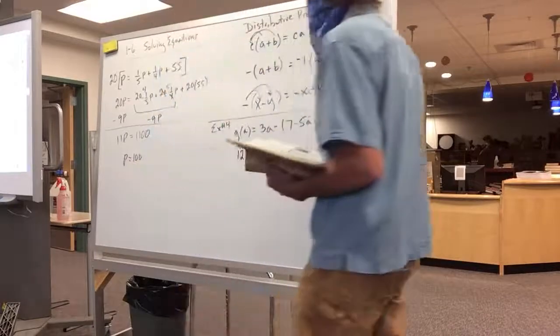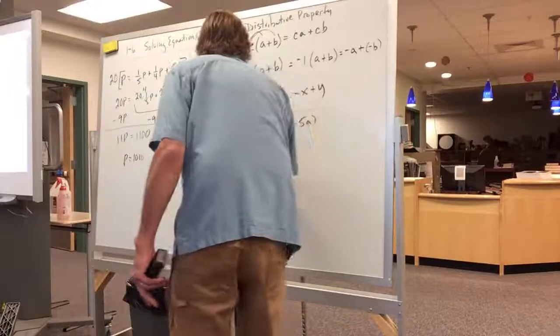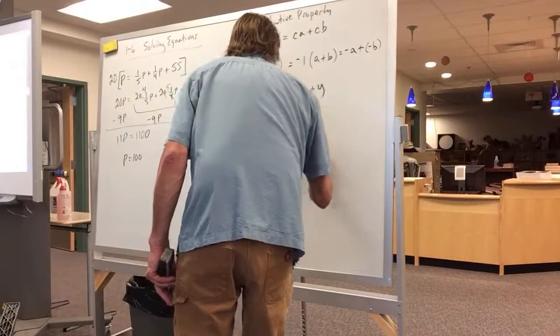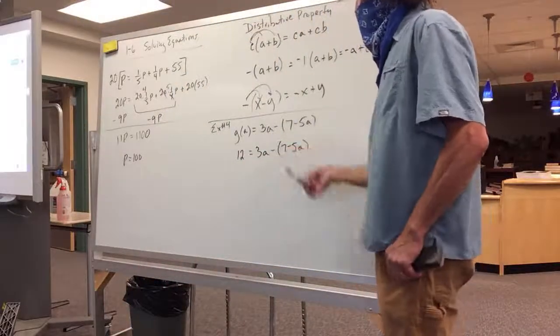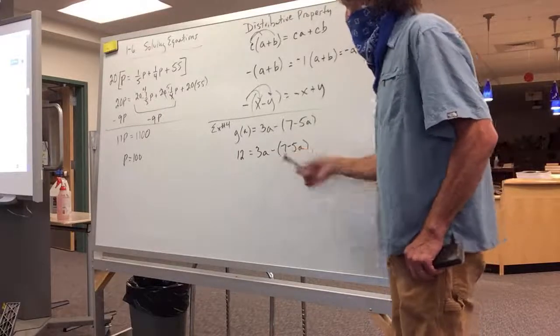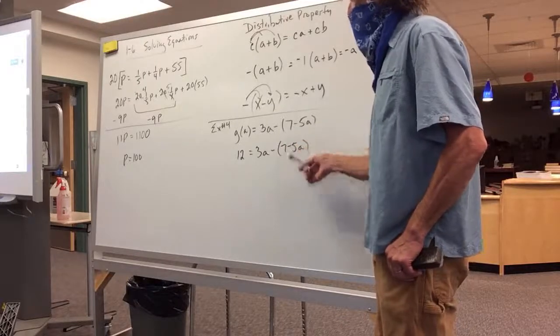Now we've got to figure out the variable a. And we just substitute the 12 in. Now, we think of it this way. We have to subtract this entire quantity. So we have to subtract the 7, and we have to subtract a negative 5a.